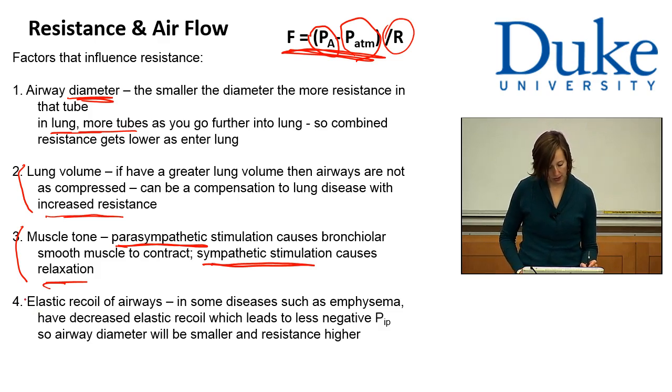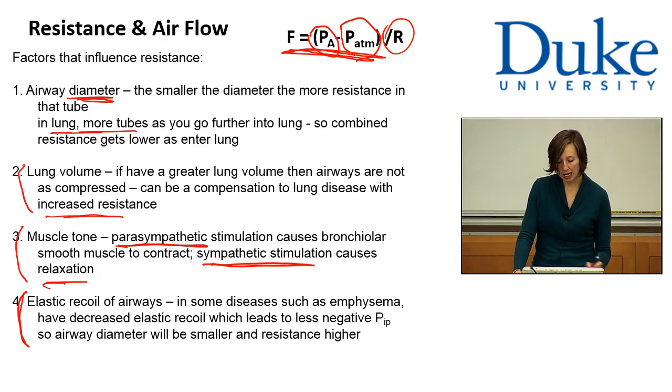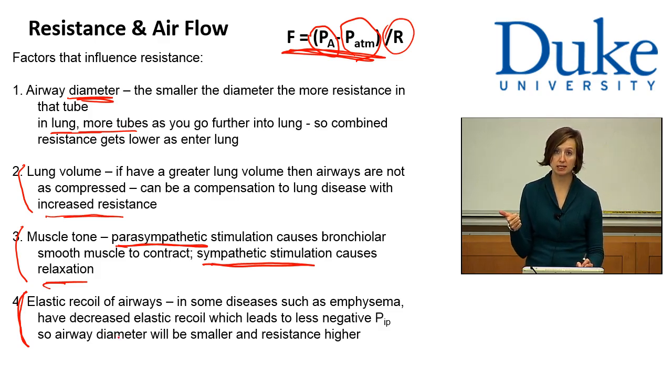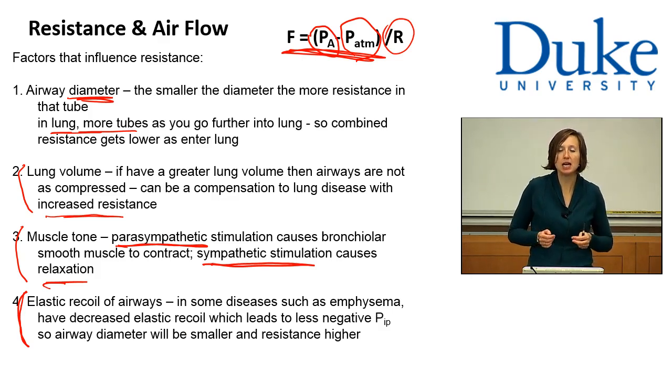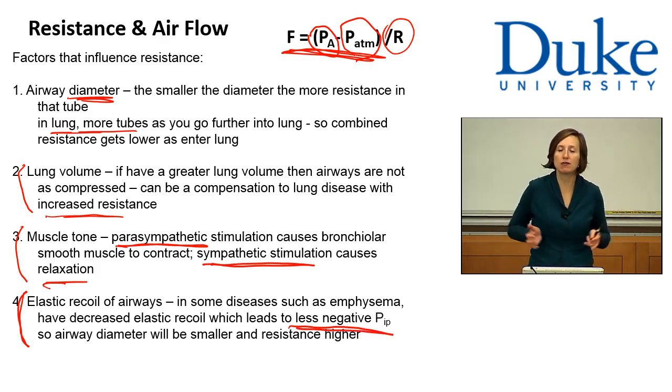And then we've talked about this a little bit, but we're going to talk a little bit more about where the elastic recoil of the airways is going to be important. So in diseases such as emphysema, where we have reduced elastic tissue, which means we have increased compliance but decreased recoil, since you've got less recoil by the lung, that means that the intrapleural pressure is going to be less negative. You've got less of one of those forces that is making it negative.